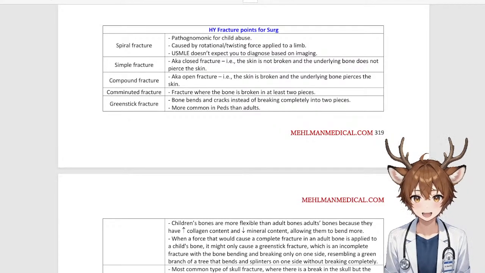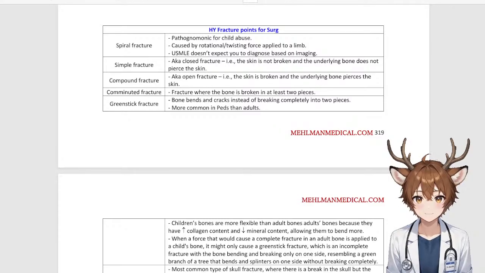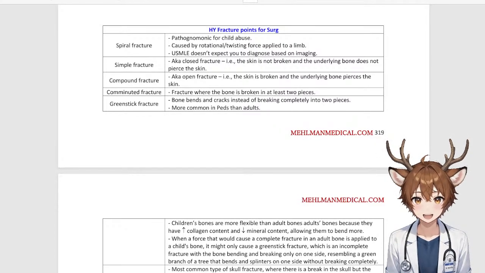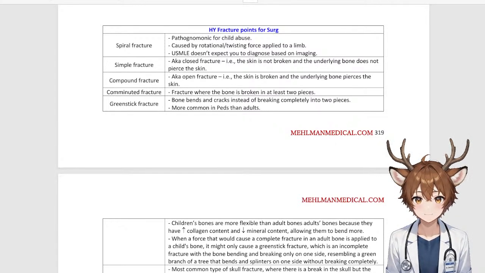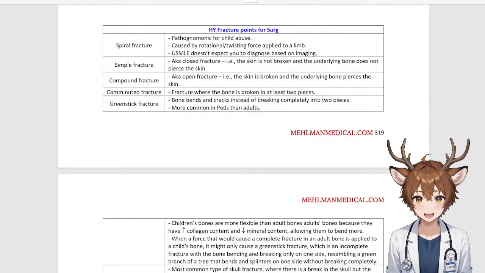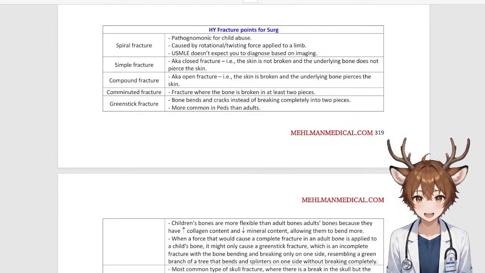Why is it called that? Well, let's say we have a tree, and let's say the tree's pretty old. If you're trying to break a branch from a tree that's really old, it'll just crack and break, right? But if it's a young tree, like a sapling, or a new branch, and you're trying to break it, it doesn't necessarily crack, it might just bend.